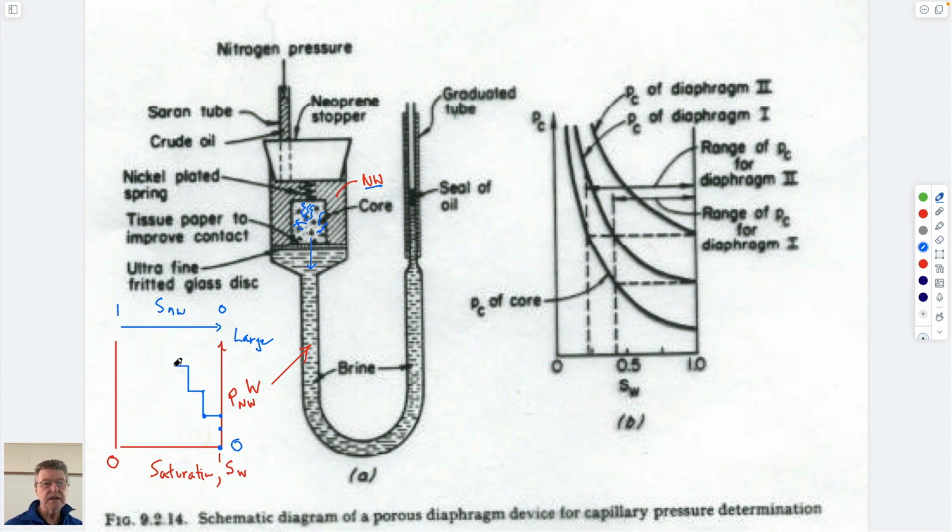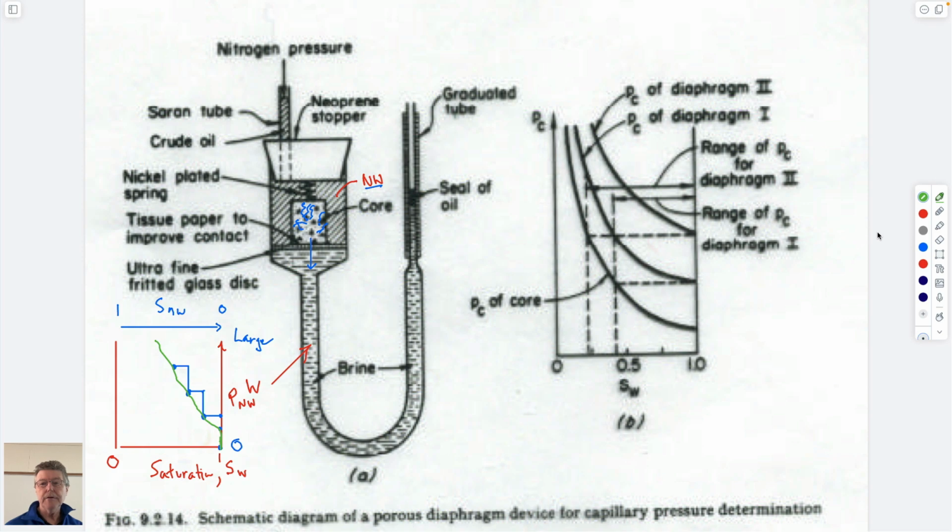We're interested in the steady state behavior. So it's steady state saturation here, after it's reached equilibrium, steady state here, steady state here. And so if we join those points together, I won't be able to do it very well, it'll look something like this.